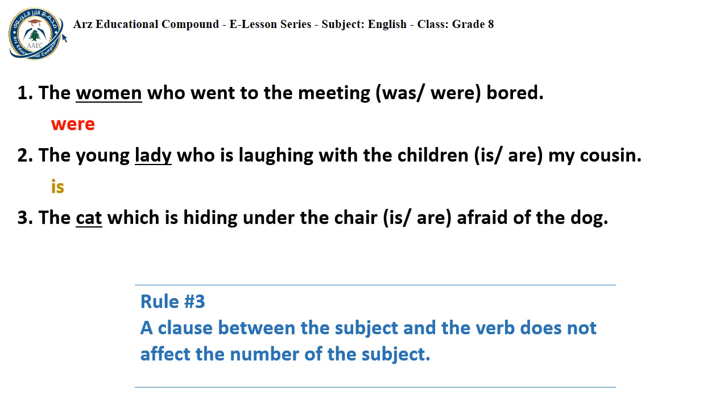The cat which is hiding under the chair is or are afraid of the dog. The simple subject is obviously cat. It's a singular subject. So the cat which is hiding under the chair is afraid of the dog. We do not take into consideration the clause which is hiding under the chair. It does not affect the subject or its number.